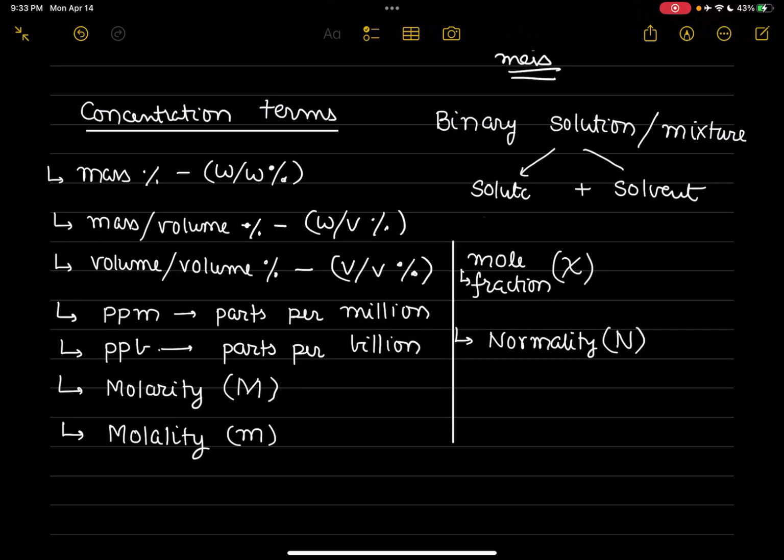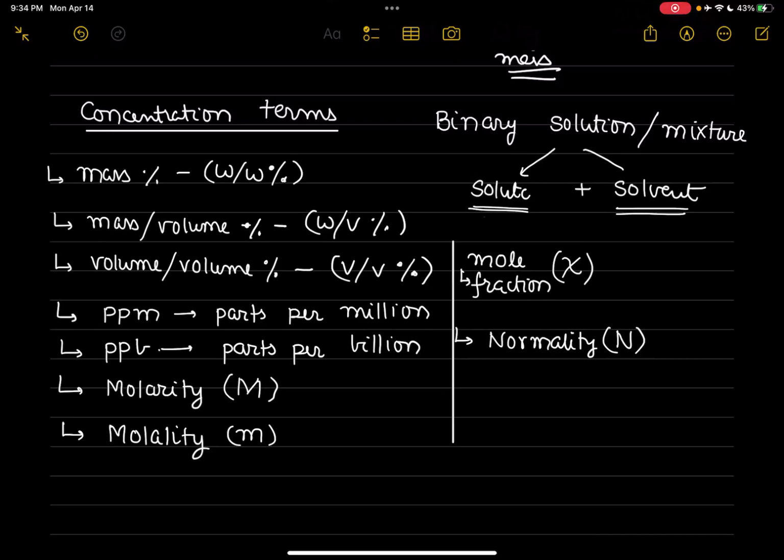So now what you do is, actually all these ways are to tell you how much solute is there and how much solvent is there. Numerically, how you express them, these are the ways. Sometimes you take their mass, sometimes their volume, sometimes you measure them in moles. There are various methods you are adopting, and these are the list of the names.